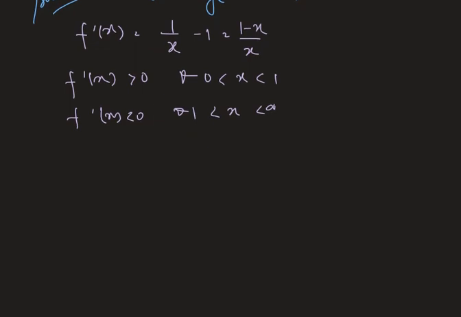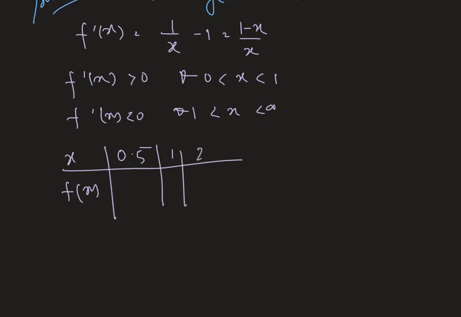Now, before drawing the graph, let's have a table for the values of x and f(x). We have some values like 0.5, 1, 2, 3, and correspondingly we get f(x) as 0.2, 0, minus 0.7 and minus 1.5.